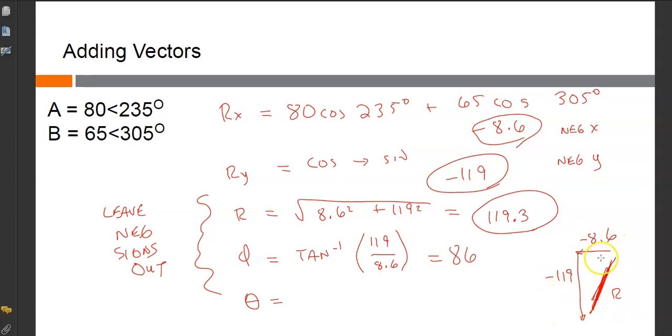Like that. And so when I found that this was an 86-degree angle, what I really need to do is to measure all the way around from over here, all the way until I get to the vector that I want. That's 180 degrees plus 86.